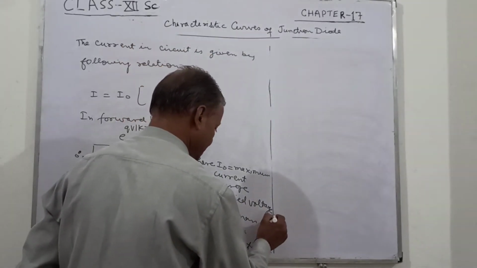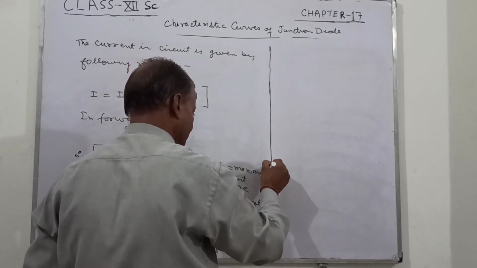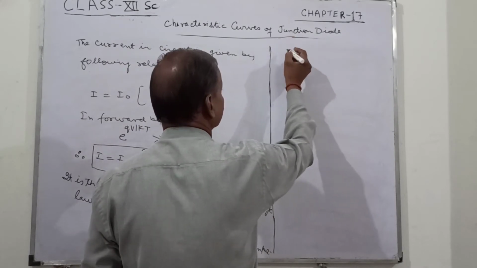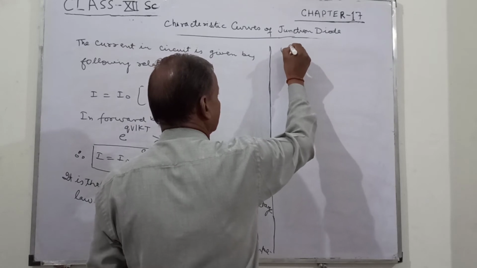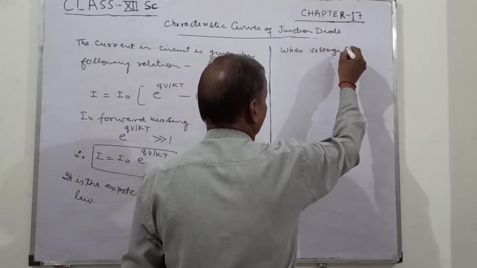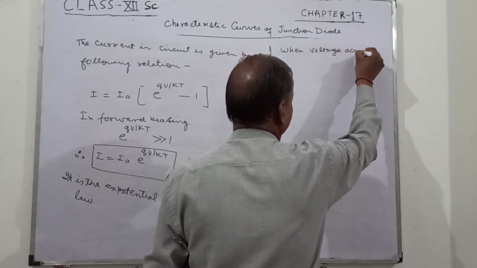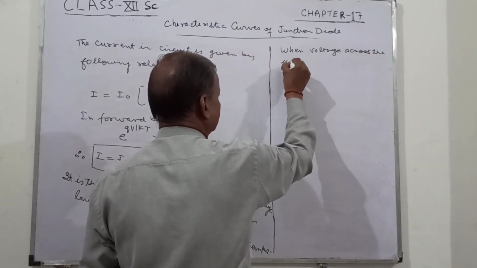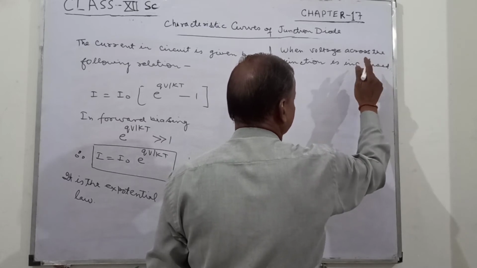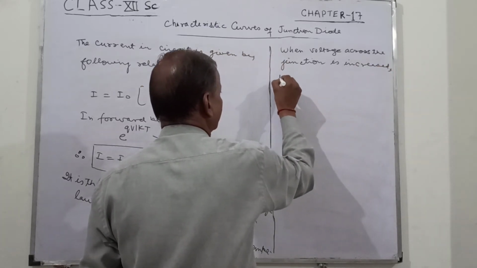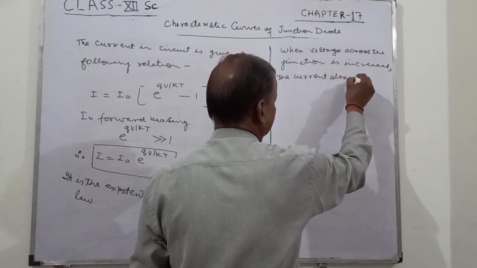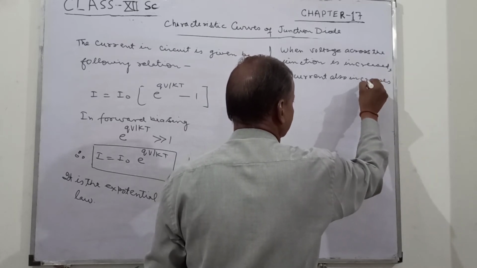Now as I showed in this electrical circuit, when the potential difference, the voltage across the junction diode is increased, the current also increases.